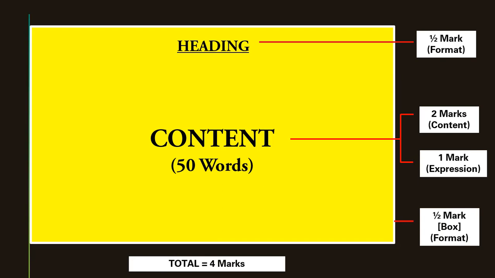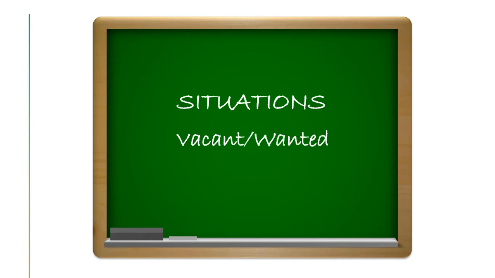So in total, the short composition is of 4 marks, where 1 mark is for format divided between half a mark for the heading and half a mark for the box. So do not forget to put an advertisement in a box. Okay, so what is the topic of today? Today we are going to see situations, both vacant and wanted.